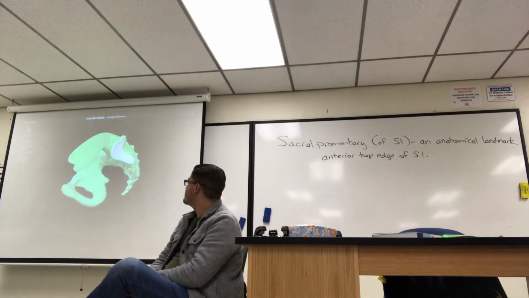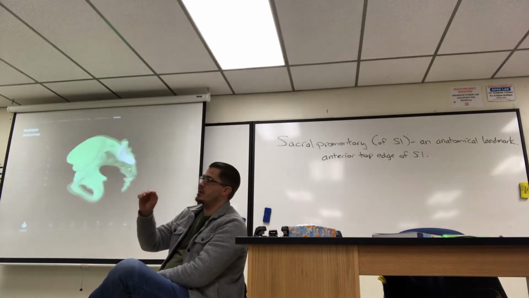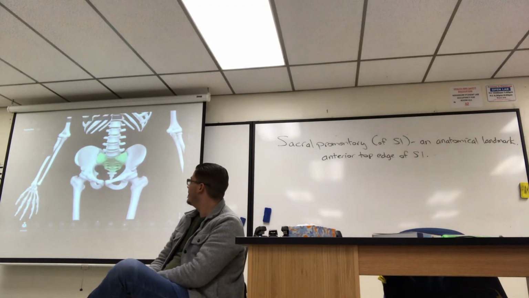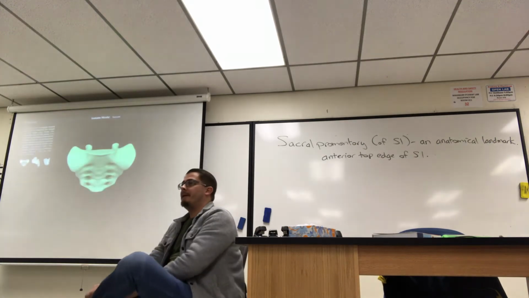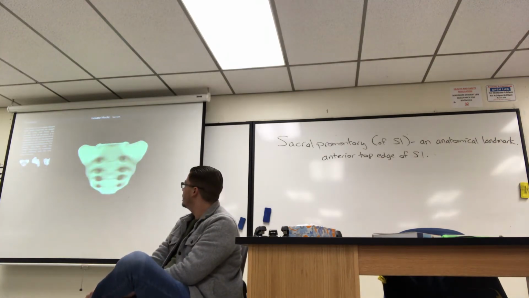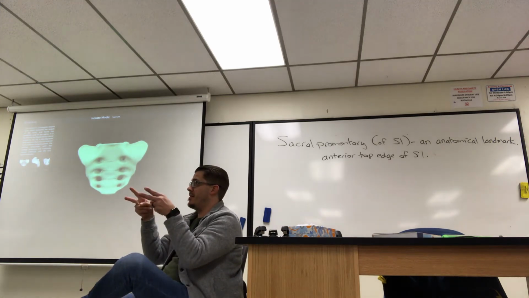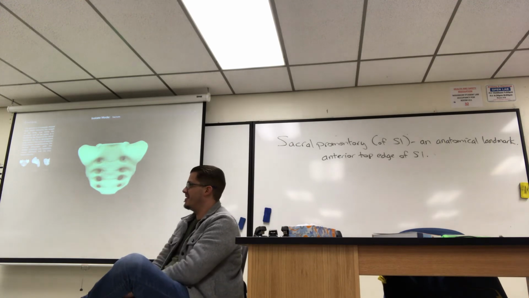So I have anterior and posterior sacral foramina. Well, that's an easy one to teach. It's easy to see. Do you see the 4 paired holes? Let me ask you, do you think this is the anterior view or the posterior view?